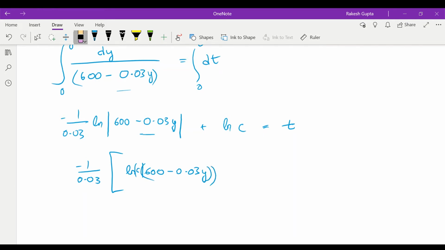I don't think this is clear enough. As I'm taking minus 1 by 0.03 outside, and taking it common from the constant too, it is still going to remain a constant, so it doesn't matter.